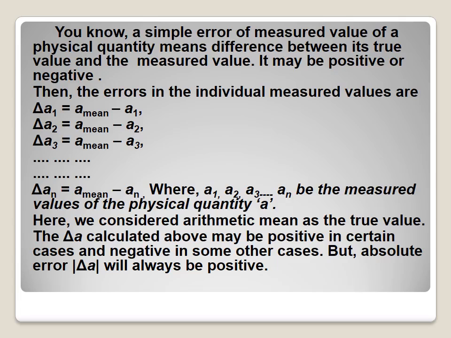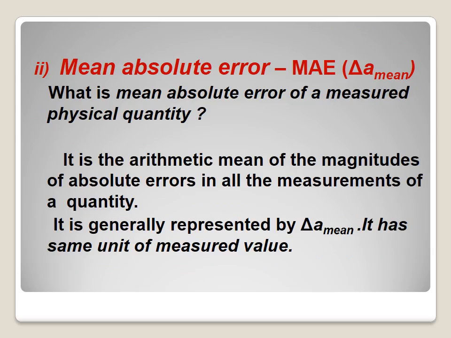Then delta A calculated above may be positive in certain cases and negative in some other cases. But you have to remember that modulus of delta A, that is absolute error, will be always positive. Second one is mean absolute error.